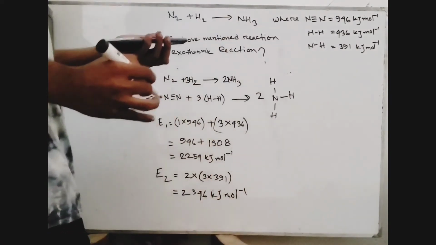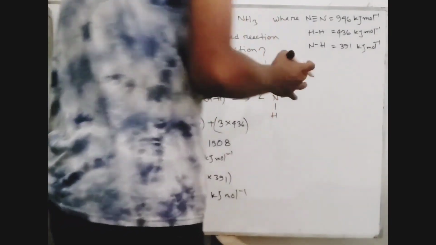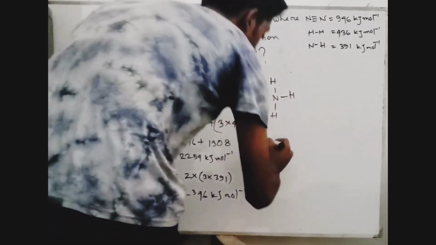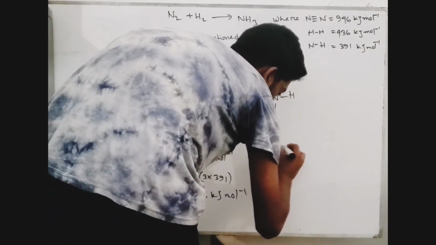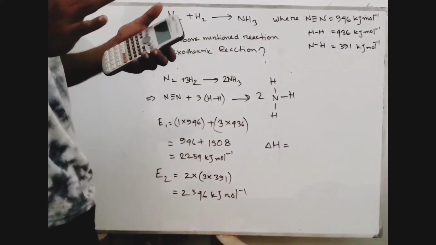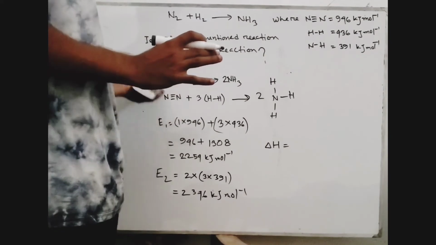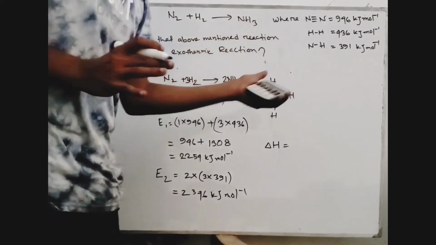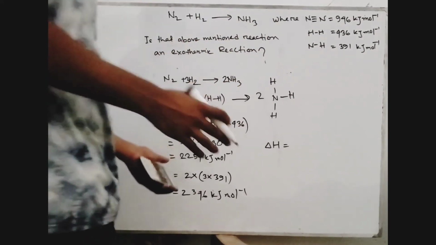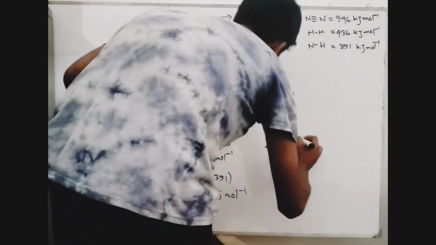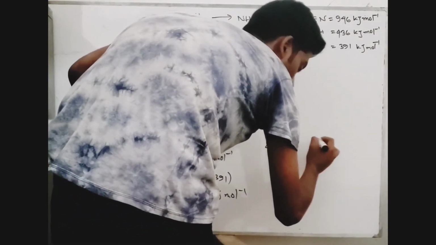And we are in the last portion of this mathematical problem. Here we will write delta H, I mean the difference of energy which is needed for breaking down and which is needed for building up. We'll have to show the difference.